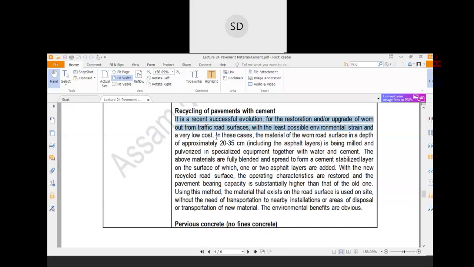In this case, whatever portions of the road got damaged, you have to collect the material from that portion, pulverize it and mix it with the cement, and again place it over the damaged portion. In this way you are recycling whatever material you have previously used for the road aggregate.